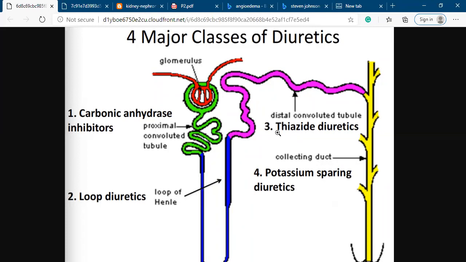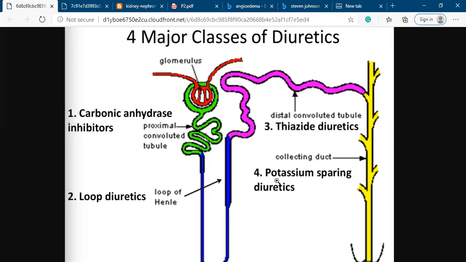Number three, thiazide diuretics like hydrochlorothiazide work in the distal convoluted tubule. And number four, because there are four major categories I'm talking about, the potassium sparing diuretics, meaning spironolactone, work in the collecting duct.